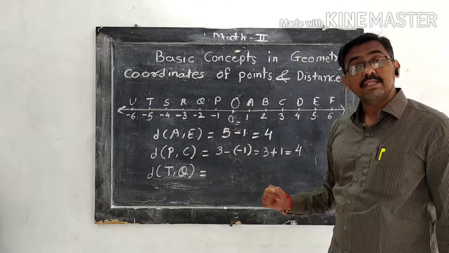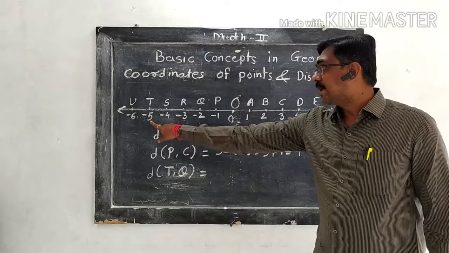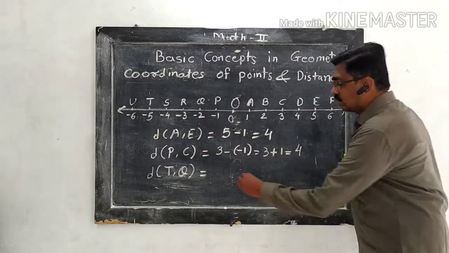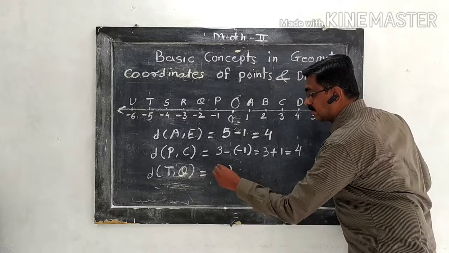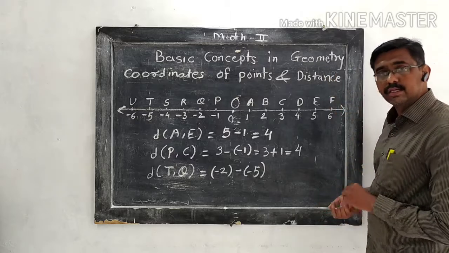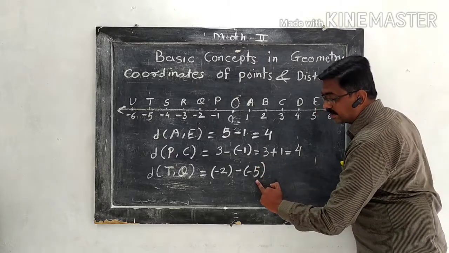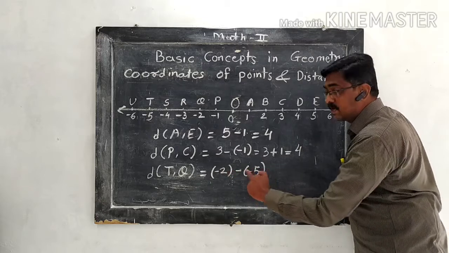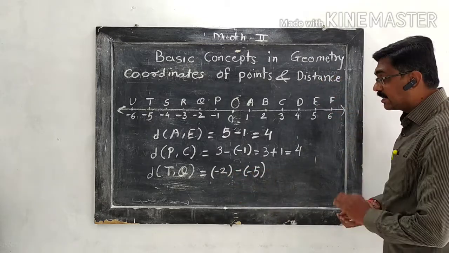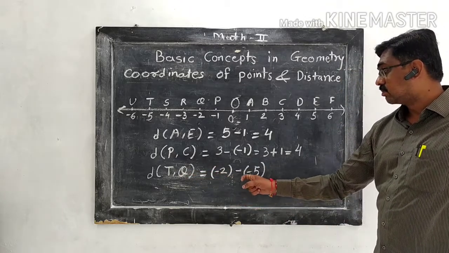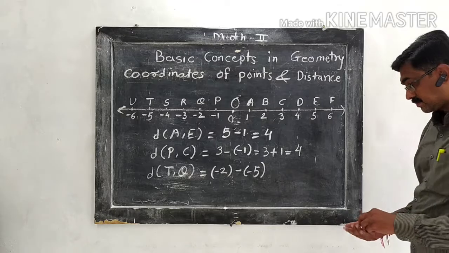And that's why we can say that -5 is smaller than -2. So we have to take this like this, -2 minus (-5). To get the distance, we have to subtract the smaller coordinate from the bigger coordinate. And that's why we are taking here for the distance PQ, -2 minus (-5).